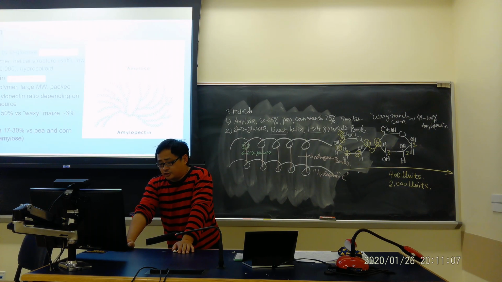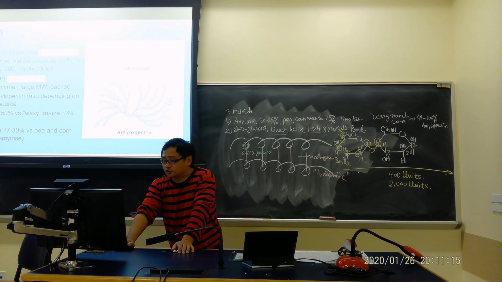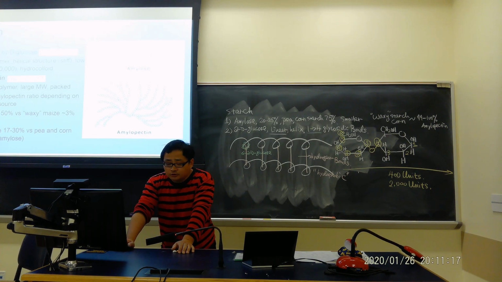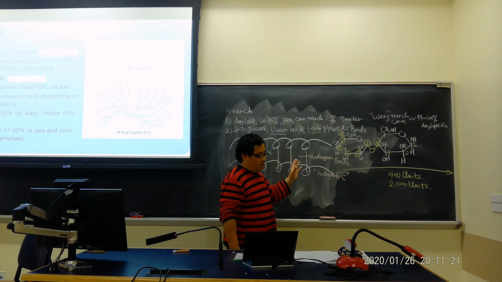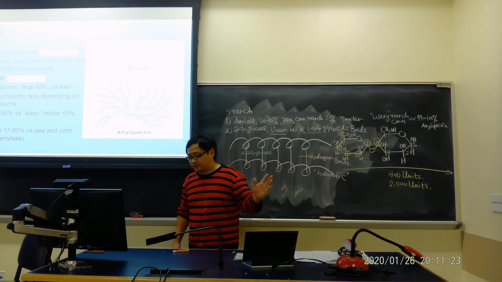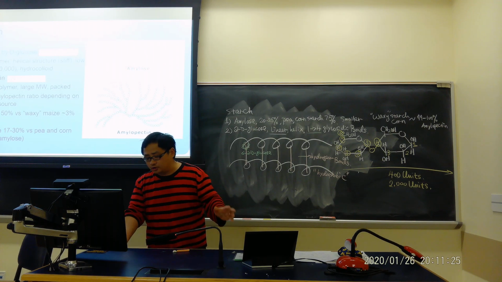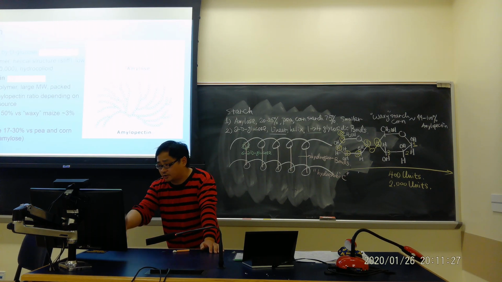Now, of course, the ratio of amylose and amylopectin is very important. It depends on the different plant resource, and we will talk about it later, when we move to gelatinization and retrogradation.